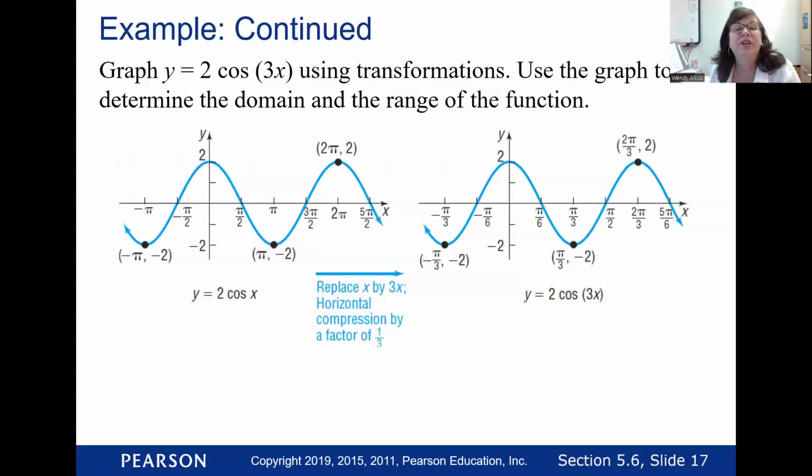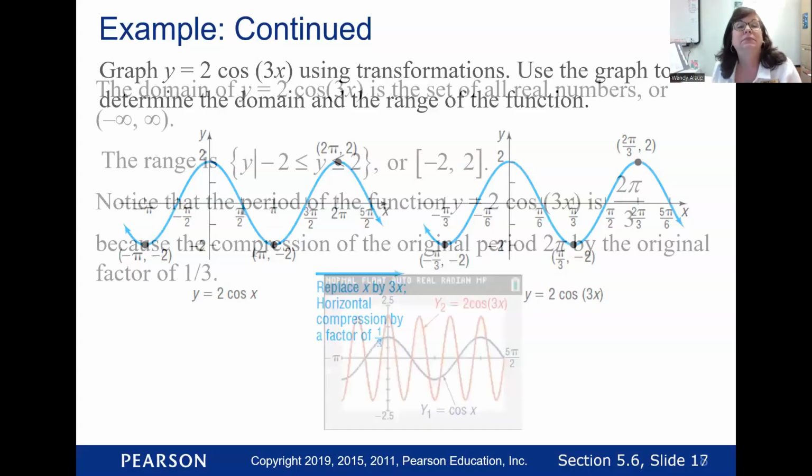They did it on the same scale, which makes it less clear. But now the -2 there is at pi over 3, the +2 is at 0, and the next +2 is at 2 pi over 3. But they didn't do it on the same scale, so you don't see it quite as clearly there.